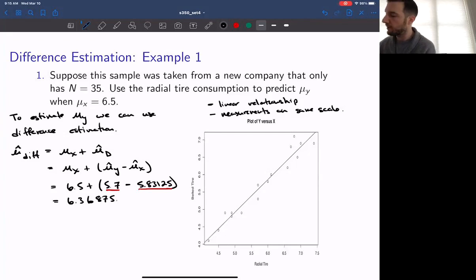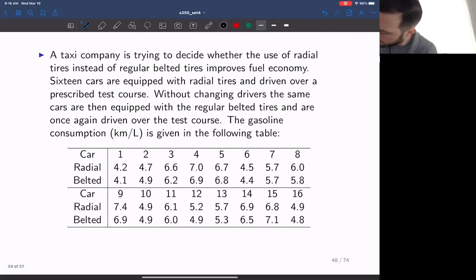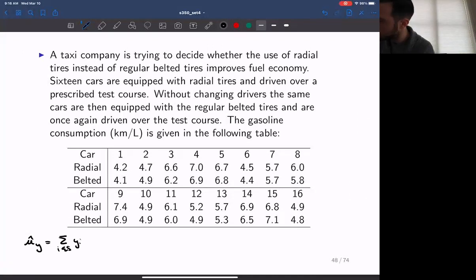So if we go back to our previous slide, for example, what we're saying here is that mu hat y is equal to the sum from i in s of the yi multiplied by 1 over n.